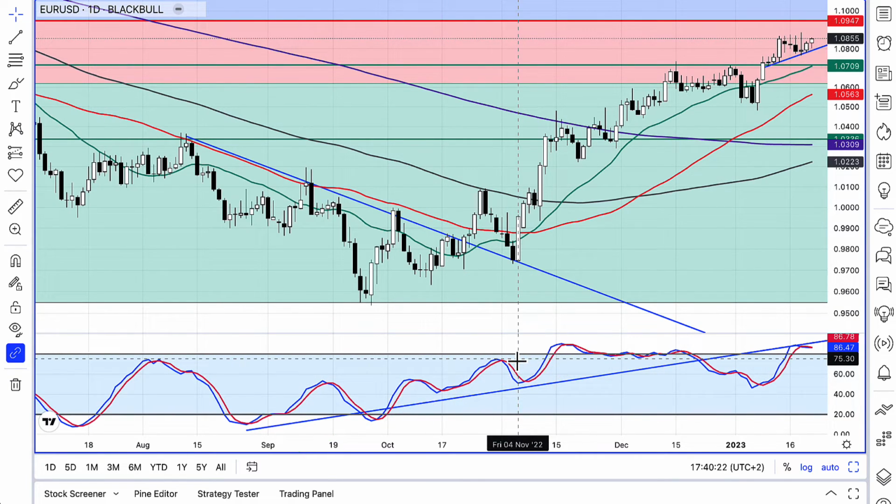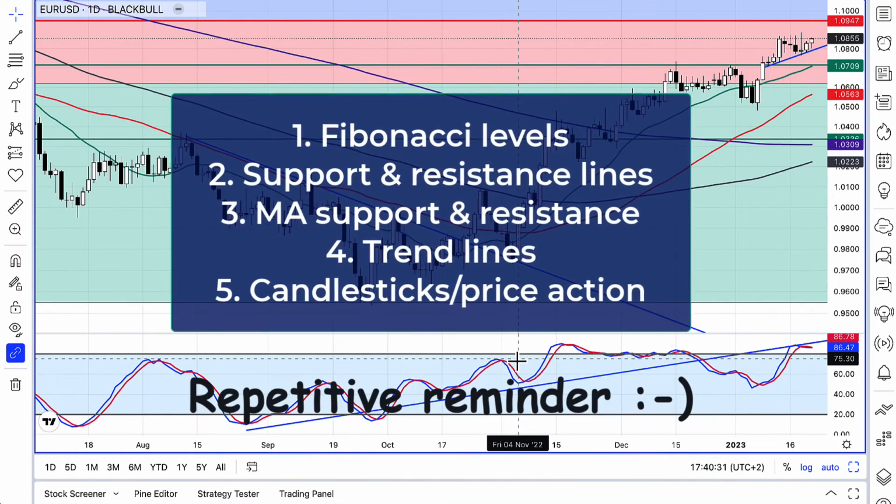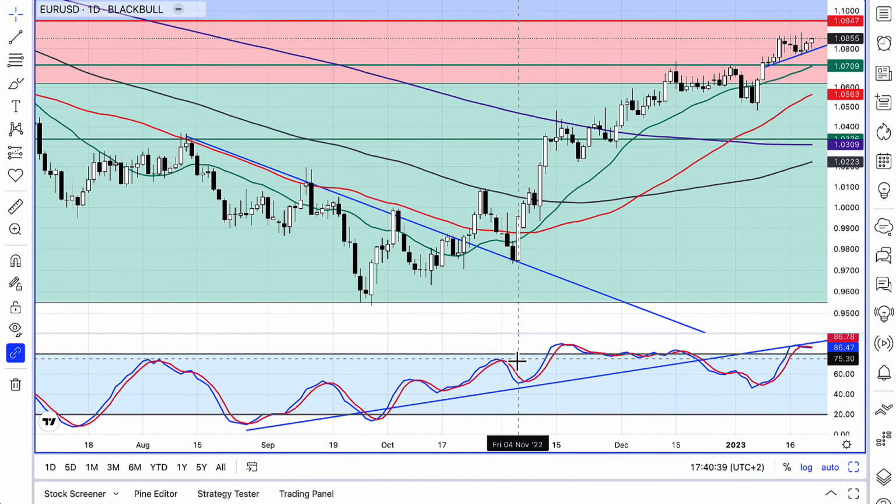So that's how to use stochastics, indicating overbought or oversold conditions, which you need to then study in conjunction with support levels provided by Fibonacci levels, provided by trend lines, provided by support and resistance levels, and or moving averages. Now, I use moving averages mainly for support and resistance. I don't use moving average crossovers. I don't use stochastic crossovers.